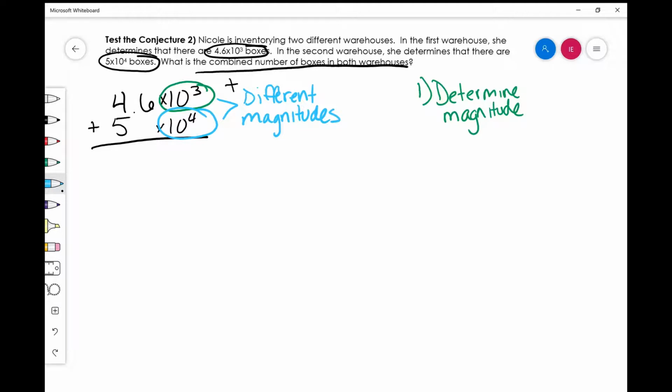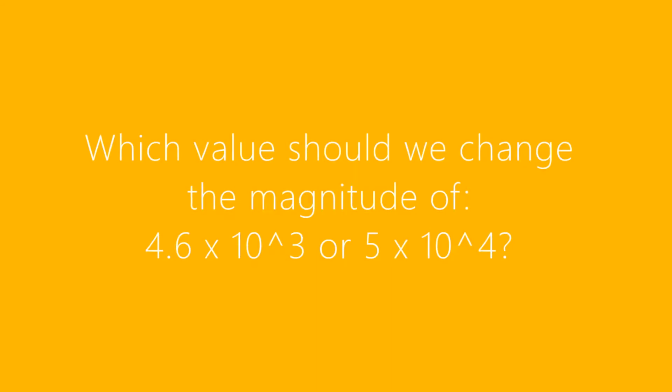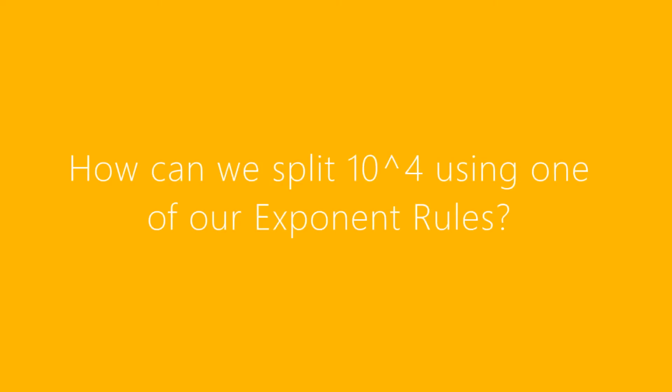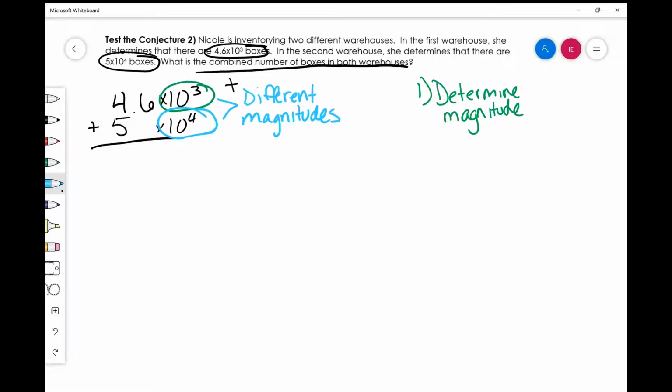I don't want to have to convert to standard form to add these numbers together. So how can I change the magnitude of one of my values so that we can add these numbers together? 10 to the 4th is the bigger of my 2 magnitudes. So let's see if we can rewrite that number so that it has the same magnitude as 4.6 times 10 to the 3rd. In our power rules that we learned last week, remember that multiplying values with the same base is the same as adding the exponents together.